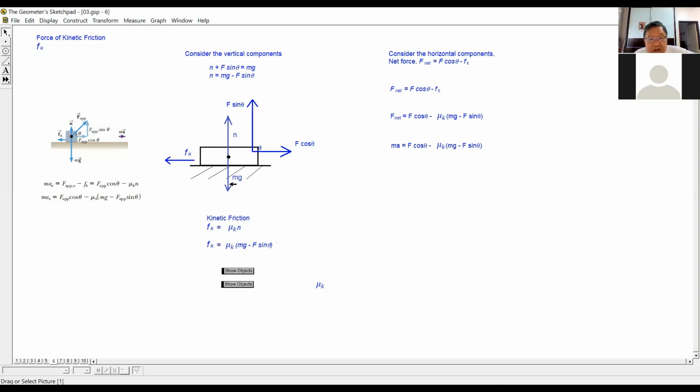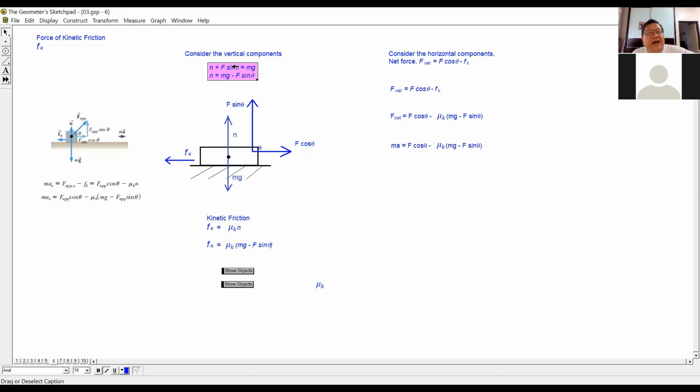Only the mg is in the opposite direction. So N plus F sine theta equals mg. The two upward forces are balanced by the one downward force. So that is the first equation here.